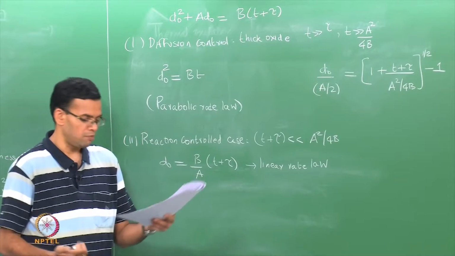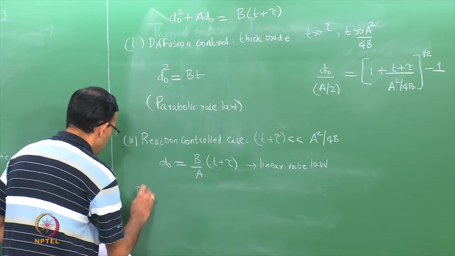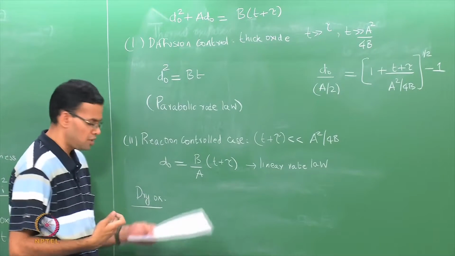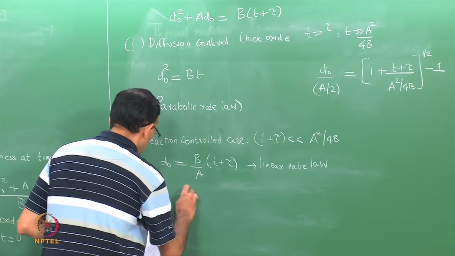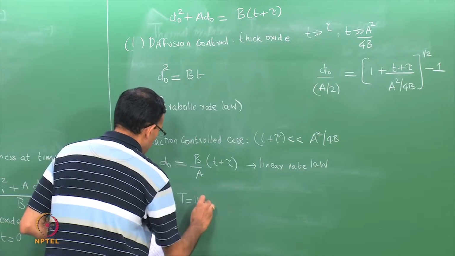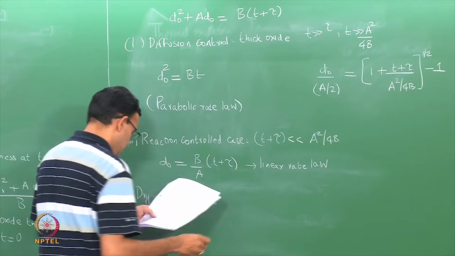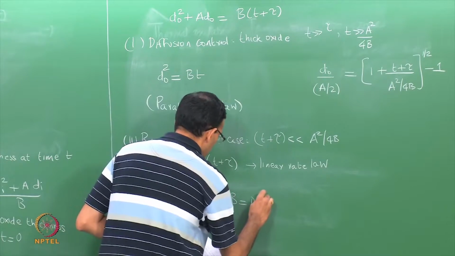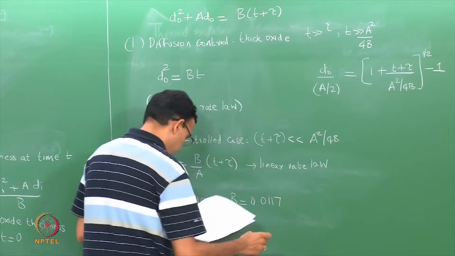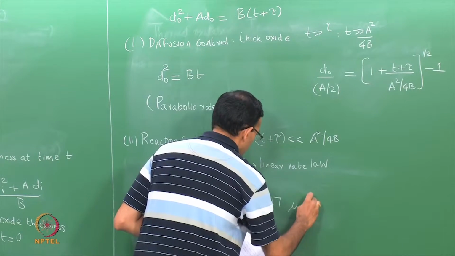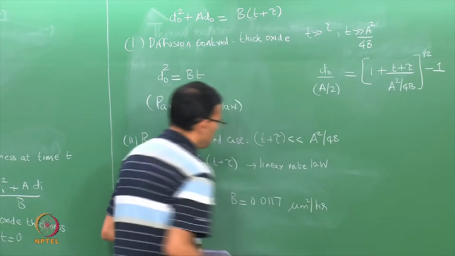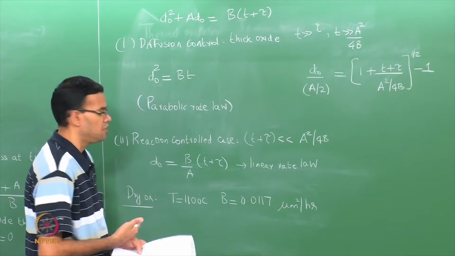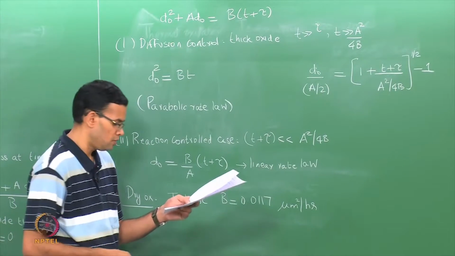So, let us put some numbers in. Consider the case of dry ox. In dry ox, the oxygen is the species that is diffusing. At a typical temperature of 1100 degrees centigrade, the constant B is 0.0117 micrometer square per hour. These values are usually tabulated for different concentrations and different pressures and so on.